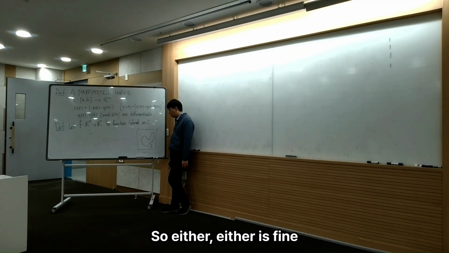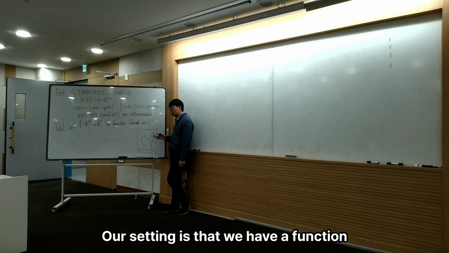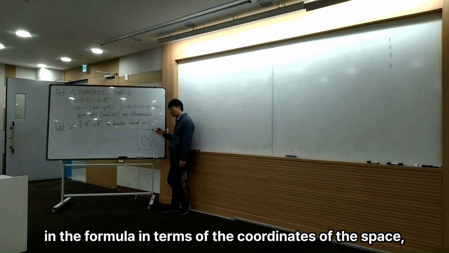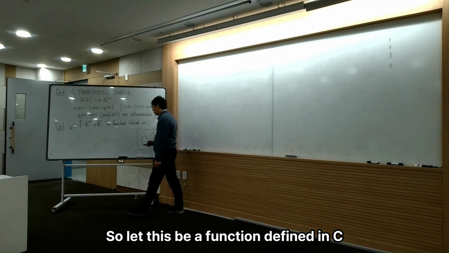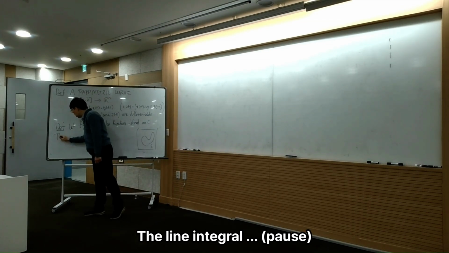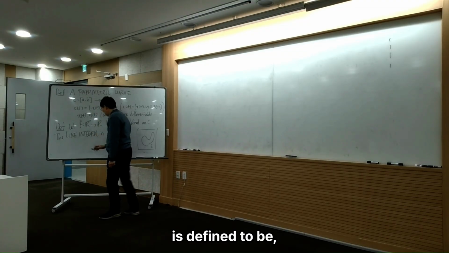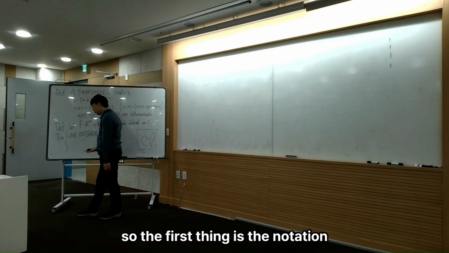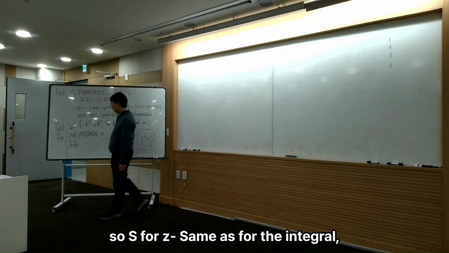Either is fine. Usually when we say line integral, our setting is that we have a function with a formula in terms of the coordinates of the space. So let f be a function defined on C. The line integral is defined to be, first the notation, the integral over C of f ds.